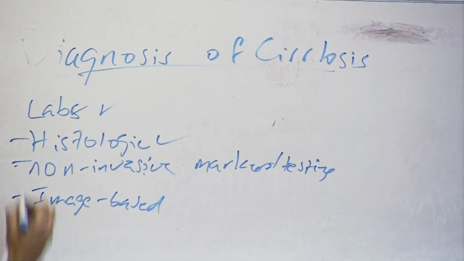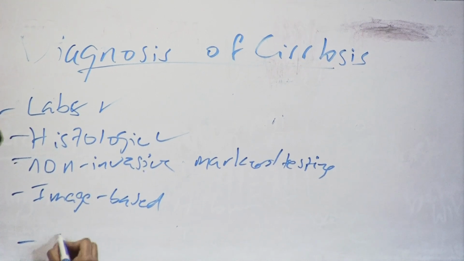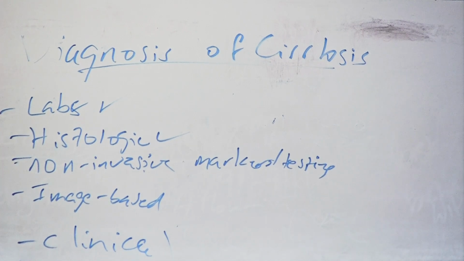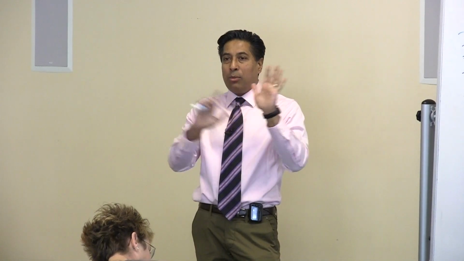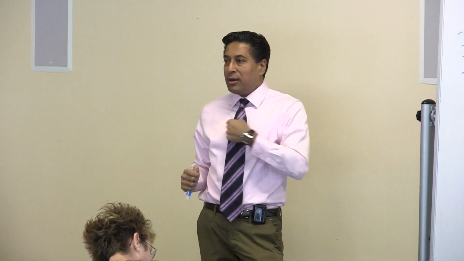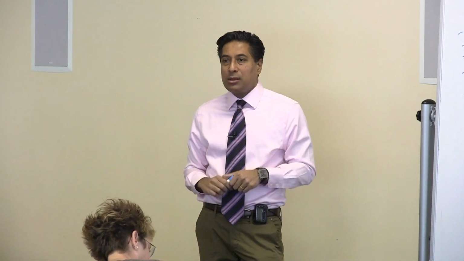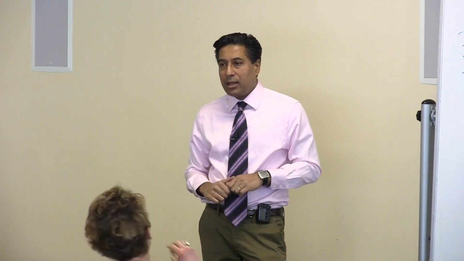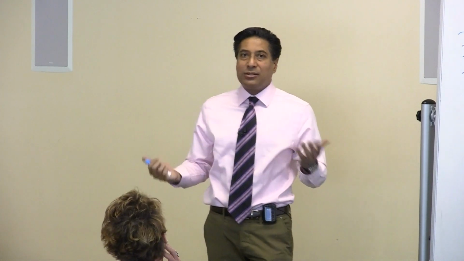Blood we have, labs. Exactly. Clinical. The old clinical, right? Now let me tell you, you can read about it, and I've got slides on it, about looking for palmar erythema, spider angiomas, or little spots on your chest and on your back, testicular atrophy.